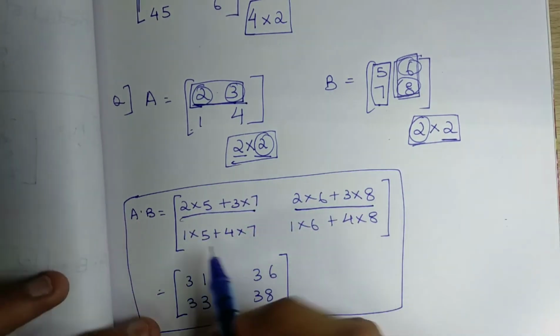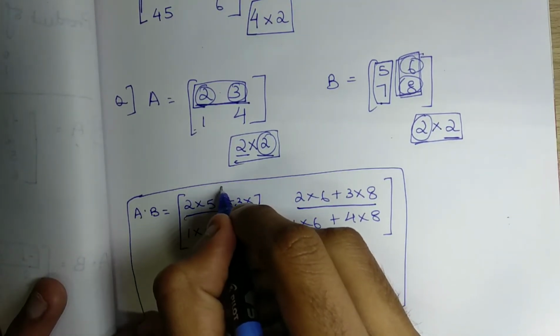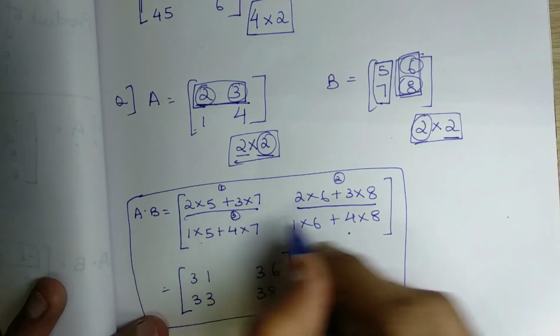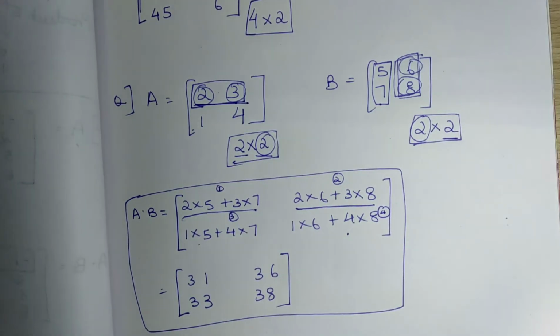Similarly, we get the number to put in the third and fourth position as well. So for notation, I put first position, second position, third position, and then fourth position. So it's as simple as that. Let's try another example.